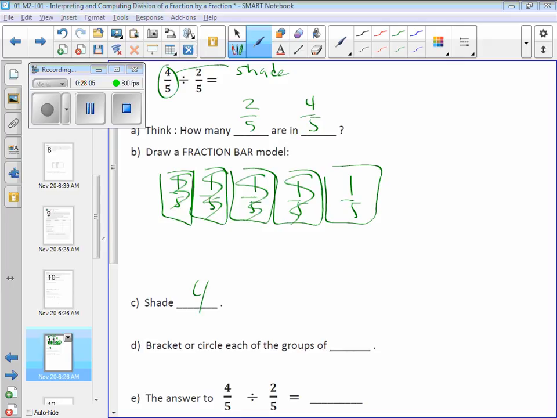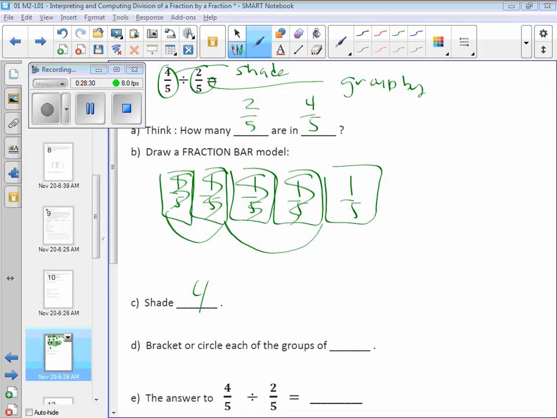Group by. Lucas. Second number is always going to be the group by. That's it. I have a little piece that's left over, but it's not shaded, so I don't care about that.